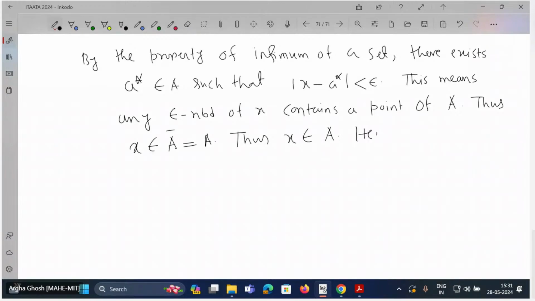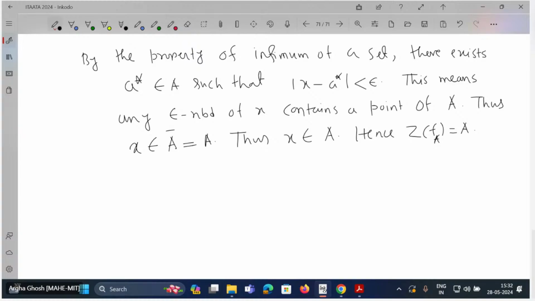Hence Z_f equals A. Actually, in general, the zero set of a function, Z_f of A, if A is not a closed set, is nothing but its closure. Can you see that?